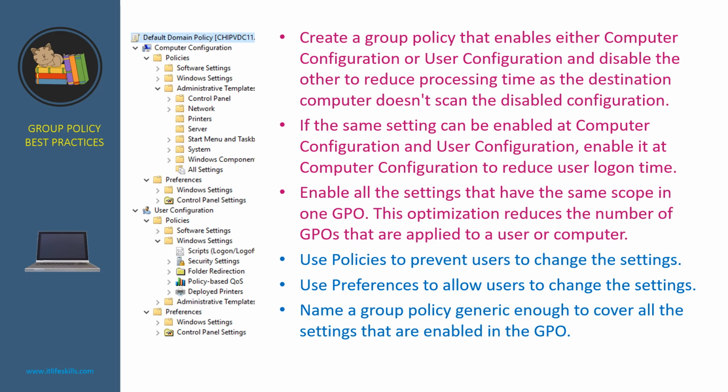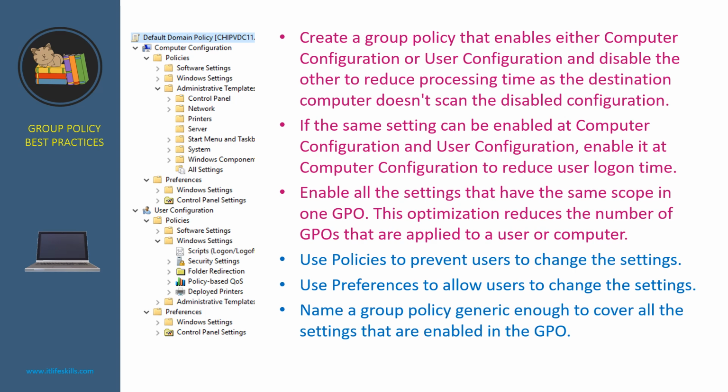Enable all the settings that have the same scope in one GPO. This optimization reduces the number of GPOs that are applied to a user or computer. As you can see in the policies, we can enable many settings.